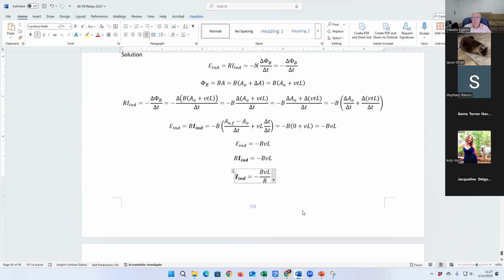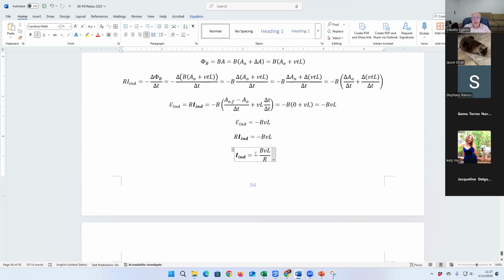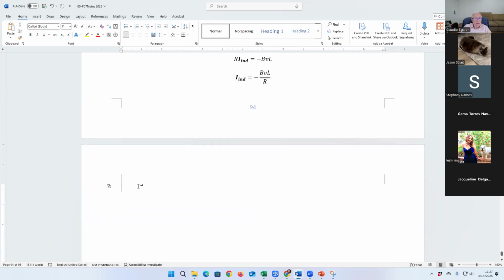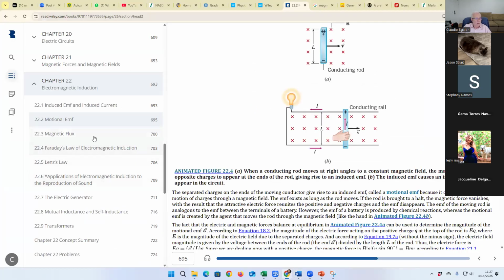BVL over R. This negative sign has an important interpretation, okay? And what's that? That's where Lenz's law comes about.